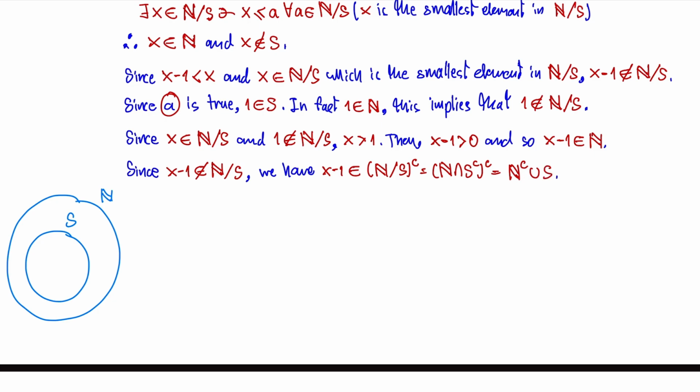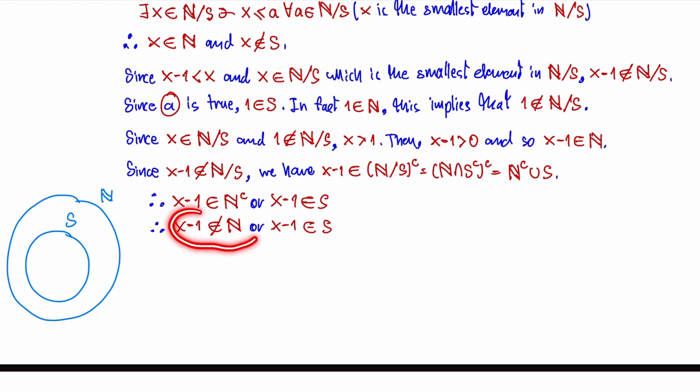Okay, so right now X minus 1 is included in the set of natural numbers complement union set S. So this means that X minus 1 must be in the set of natural numbers complement, or X minus 1 in set S. So we gotta have X minus 1 in the set of natural numbers, or X minus 1 in set S. Oh, sorry, it's not here.